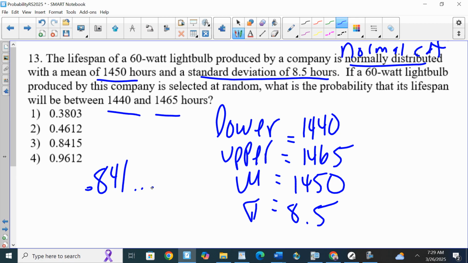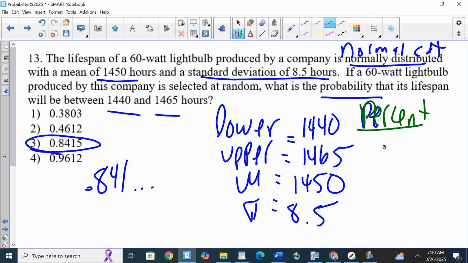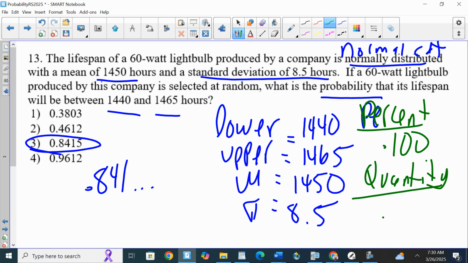Now there's three ways this can end. If it's asking for a probability, we're done. If it asks for a percent, I would multiply it by 100. And if it asked me for a quantity, I would multiply by the total quantity. So instead of going over a couple more, I'm just going to show you a couple more.